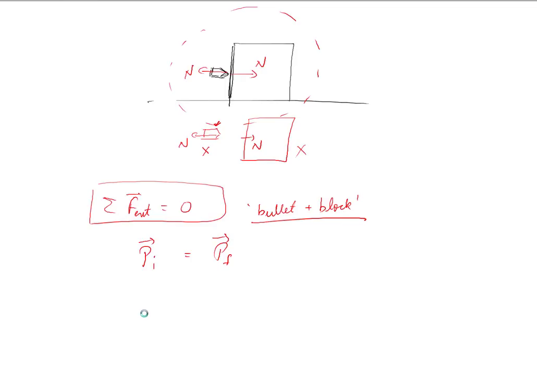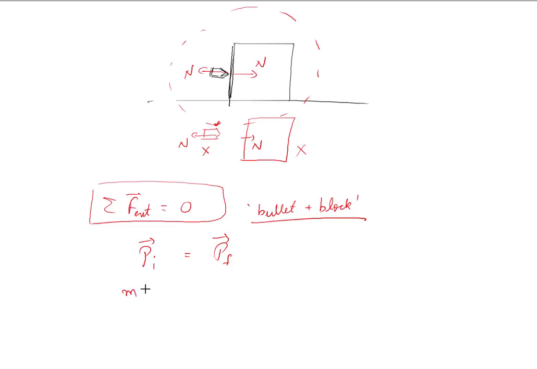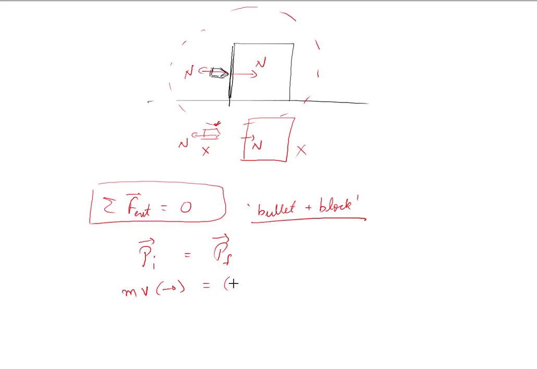The initial momentum is mass of bullet into initial velocity of bullet, and the final momentum is mass of bullet plus mass of block into common velocity.